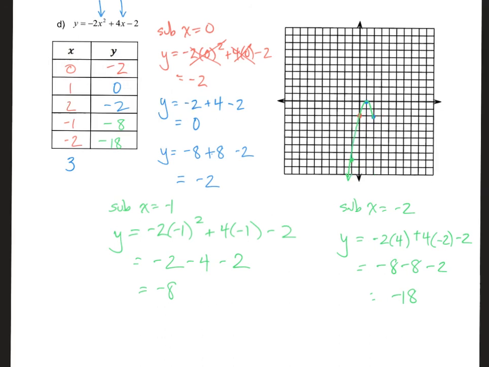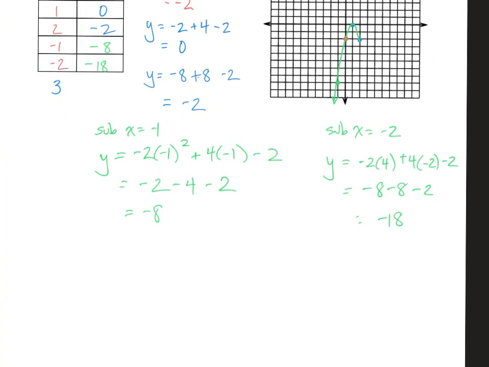Just to give us a little bit of room to work with. 3 squared is going to give us 9, so I have negative 2 times 9. I have to sub in my 3, and the rest is calculating. So negative 18 plus 12 is negative 6. Negative 6 minus 2 is negative 8. And so I would have my matching y value.